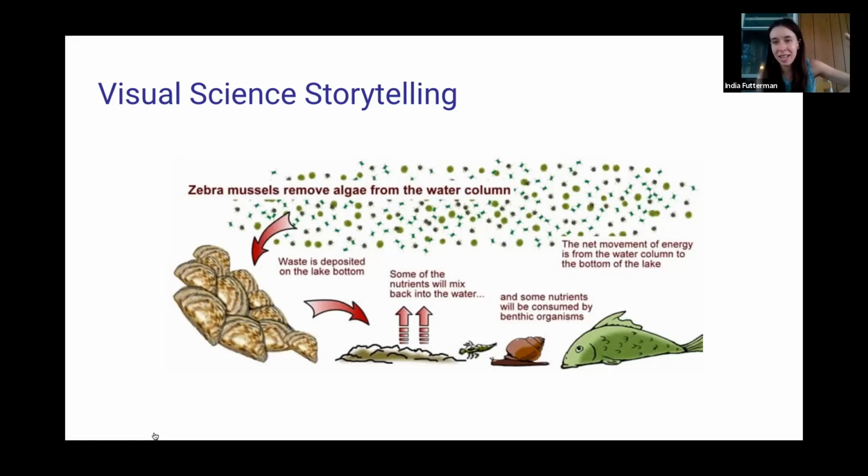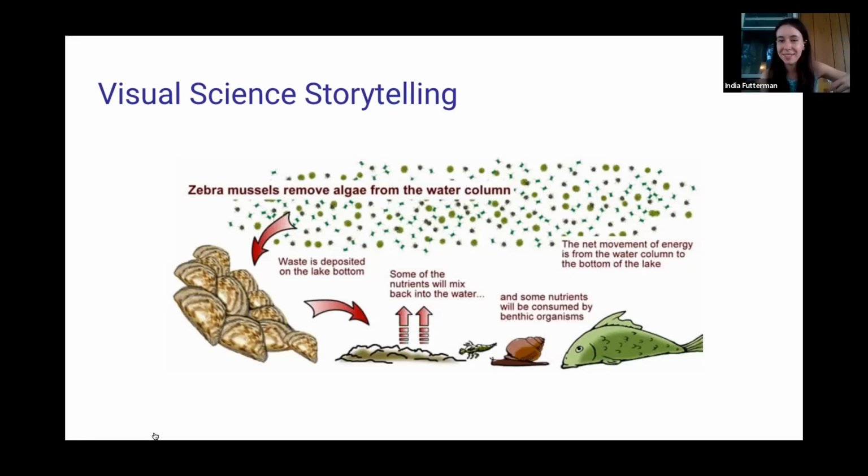I mentioned that ecology is the study of the relationships of organisms to one another and to their environment. So a great way to illustrate that is by a flow chart, or a food web, that illustrates who's eating what, where does the waste go, how does that affect the environment, how does that affect other organisms. So here's a nice annotated food web of zebra mussel feeding dynamics and the fate of their waste.